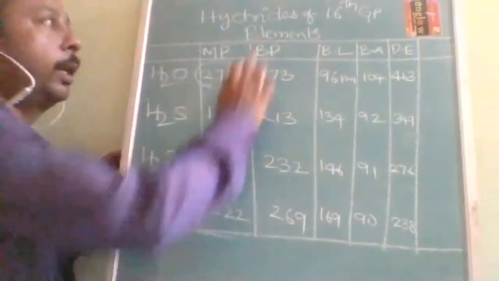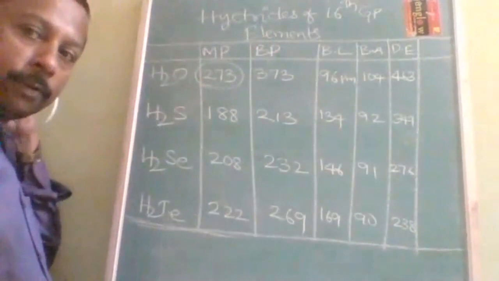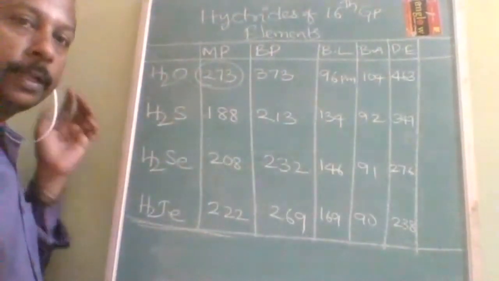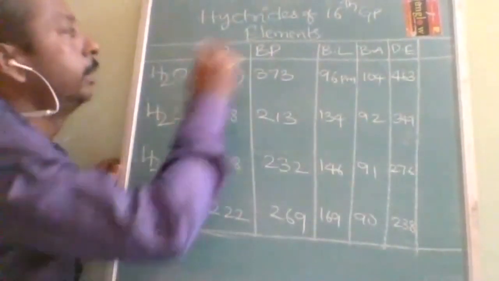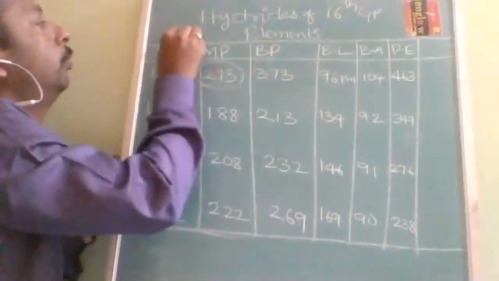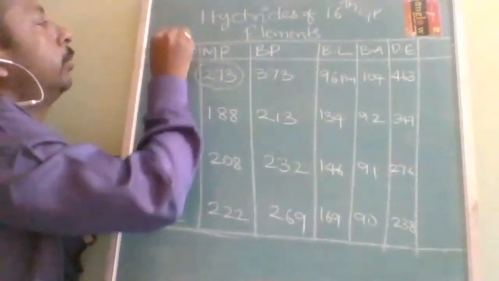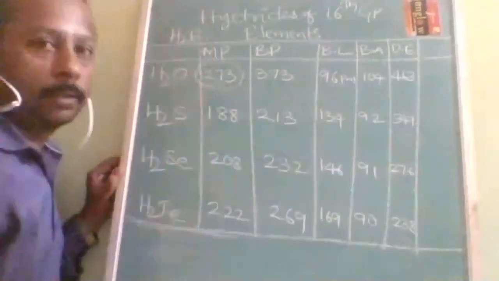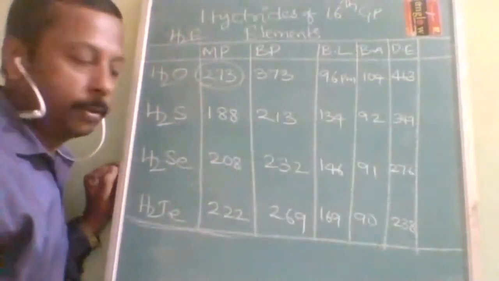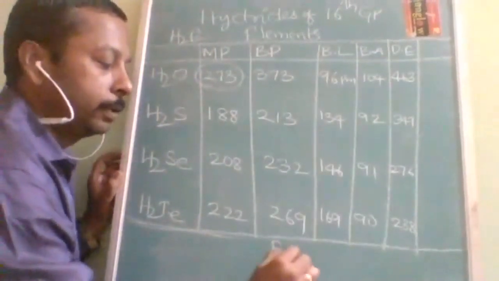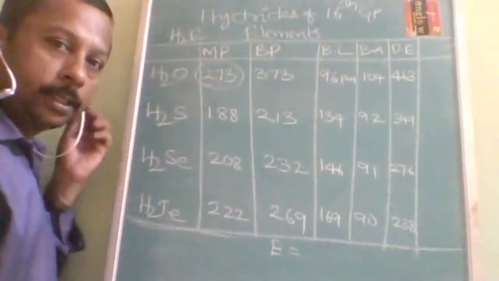Now the general formula of hydrides of 16th group is H2E. What is the general formula? H2E. Here E stands for the 16th group element.